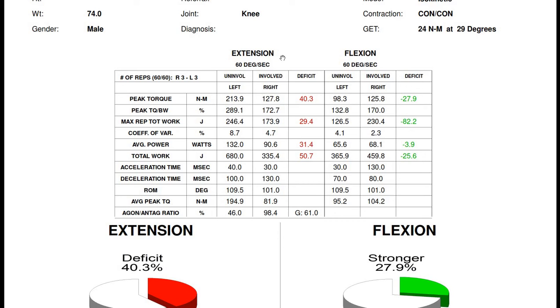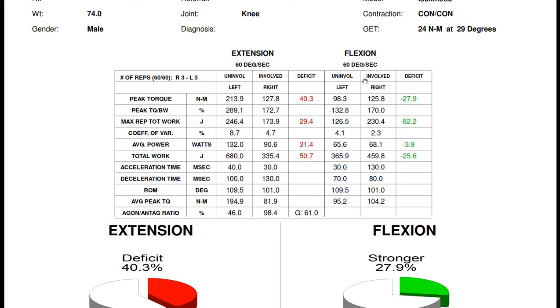So with the faster test, because the knee goes from flexion to extension so quickly, there is less of a demand placed on the muscle through the repetition.